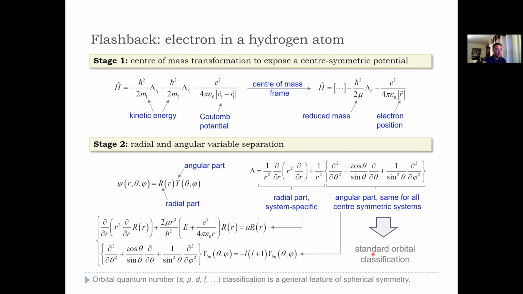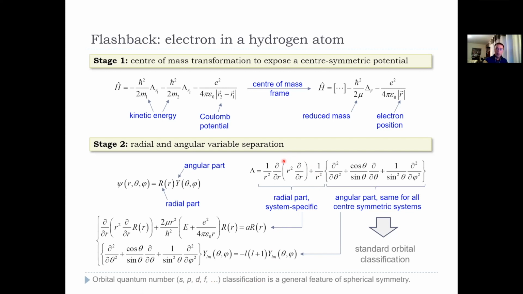If you remember, we had 1, 2, 3, 4, 5. Those were radial quantum numbers. And then we had L and M, and those were responsible for which orbitals we have, S, P, D, F, and so on. And then for the projection inside those orbitals, we had 3 projections for P's, 5 projections for D's, and so on.